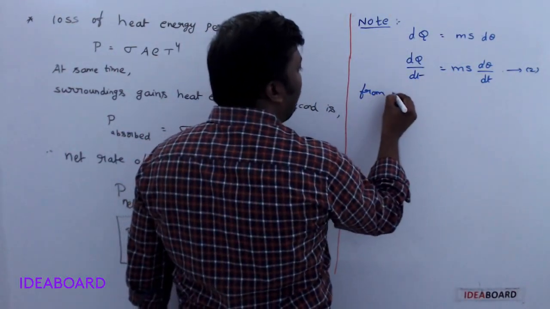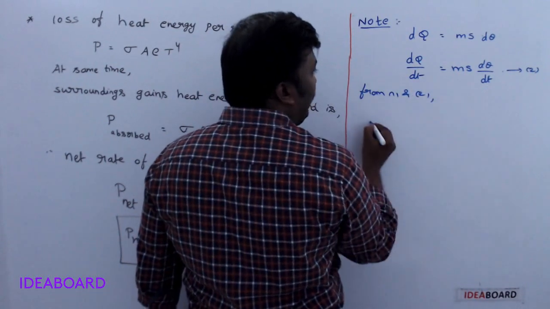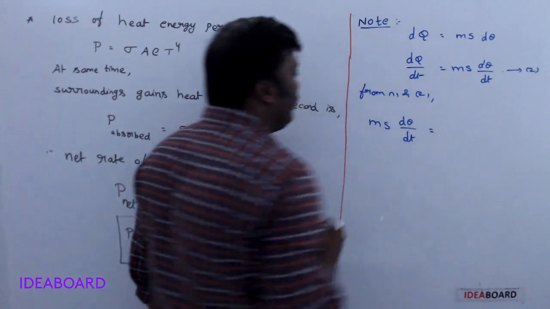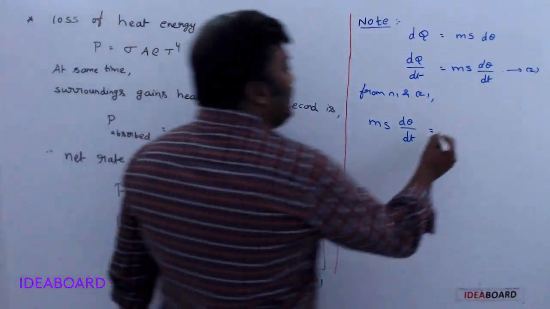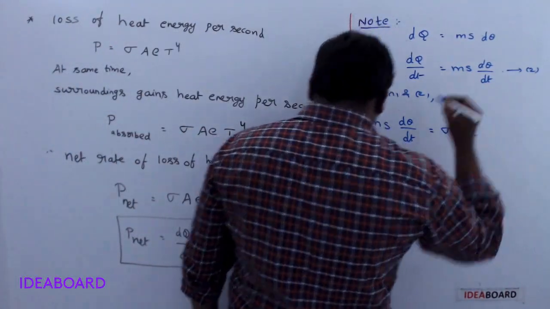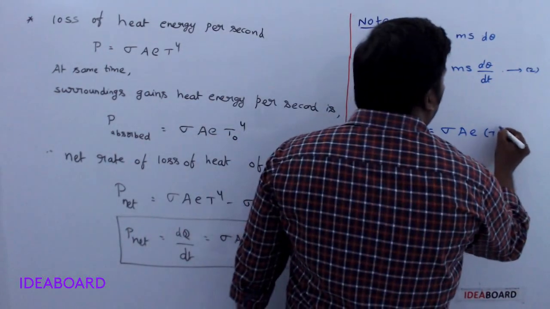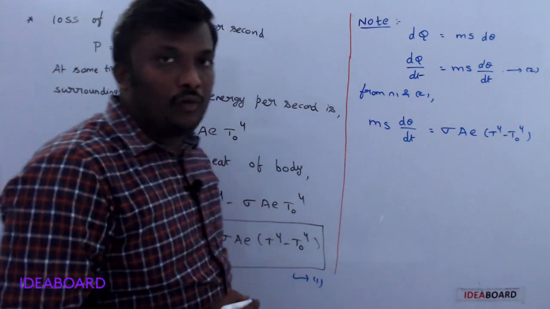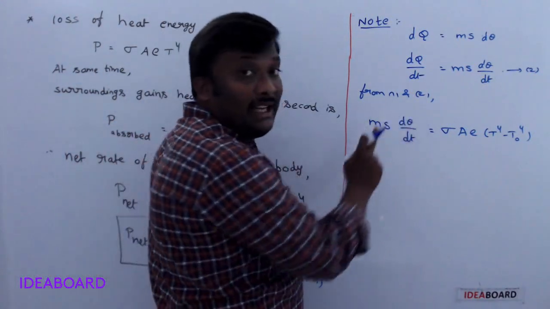From 1 and 2, we can write ms d theta by dt is equal to sigma AE into T power 4 minus T naught power 4. What is theta here? Temperature.